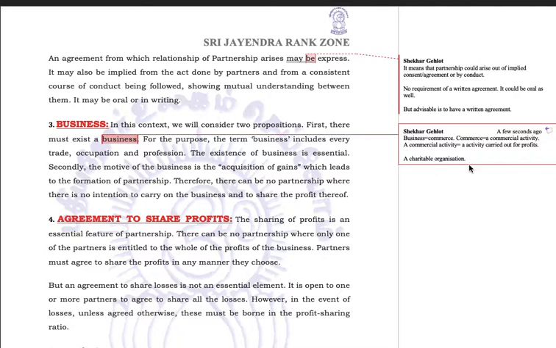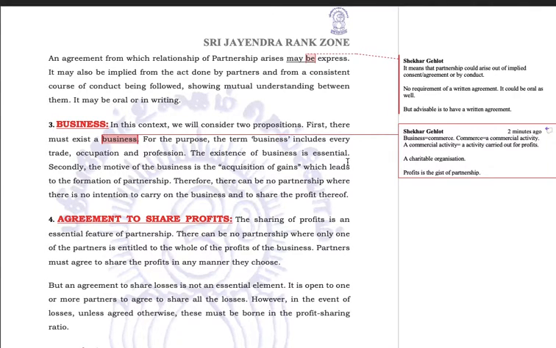If the intention is only for doing charity, like social organizations, a political party, a charitable organization, or a movement, then it cannot be a partnership, because acquisition of gains is the gist of partnership. Profit is the gist of partnership.